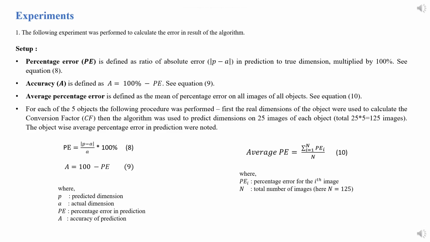For each of the 5 objects, the following procedure was performed. First, the real dimensions of the objects were calculated to calculate the conversion factor. Then the algorithm was used to predict the dimensions on the 25 images of each object. The object-wise average percentage error in the prediction was noted.